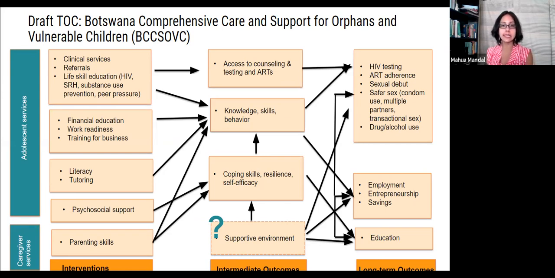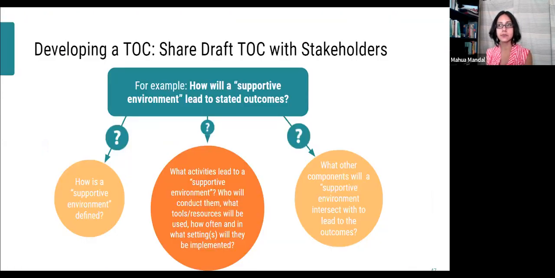So when we met with stakeholders, we had to really get specific about what that meant. So we asked, how will a supportive environment lead to stated outcomes? How is a supportive environment defined? What activities lead to a supportive environment? Who will conduct them? What are the tools and resources? How often and in what settings?